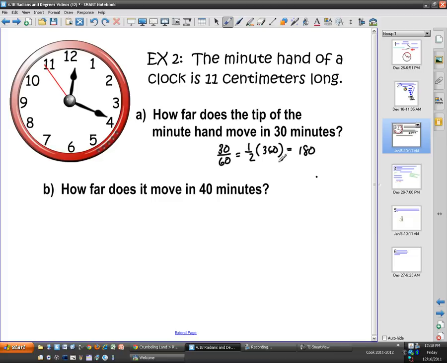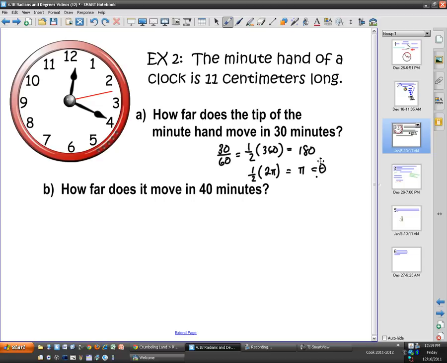Or we could have done this a little bit shorter and said, I know once around the circle is 2 pi in radians, so if I multiply a half by 2 pi, I have pi radians. So I had already done my conversion. Pi is my angle in radians.